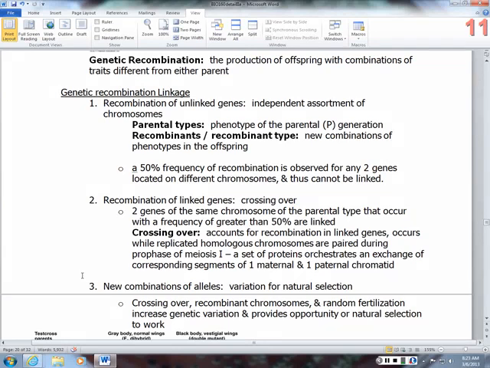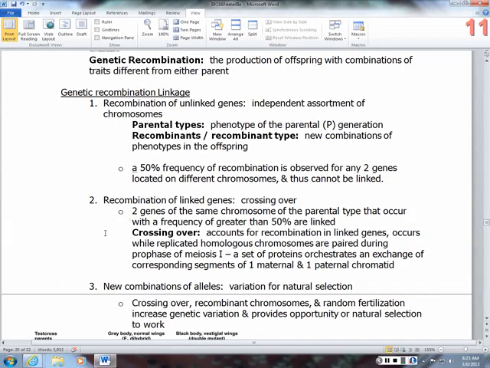And so there's a 50% frequency of recombination observed for any two genes on different chromosomes. The reason they state that with different chromosomes is if they're on different chromosomes, they can't be linked. It's completely random on each chromosome. Are you going to get mom's or dad's version?